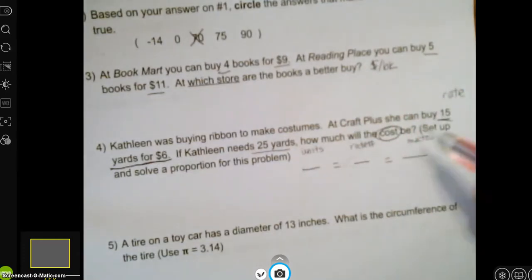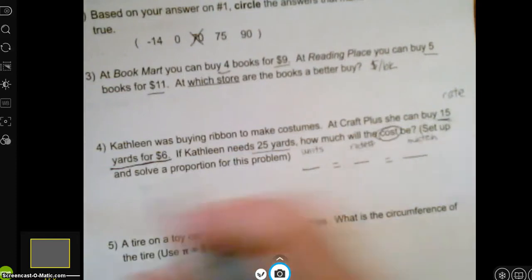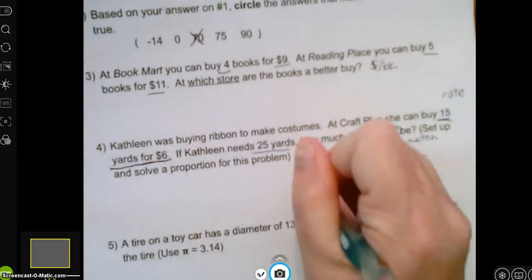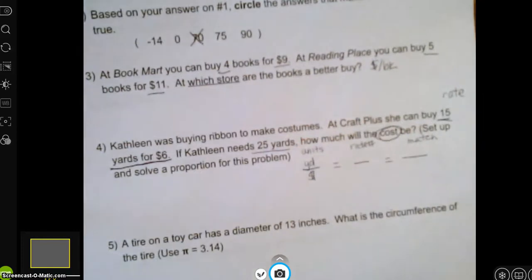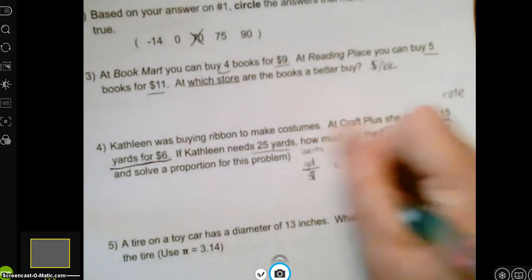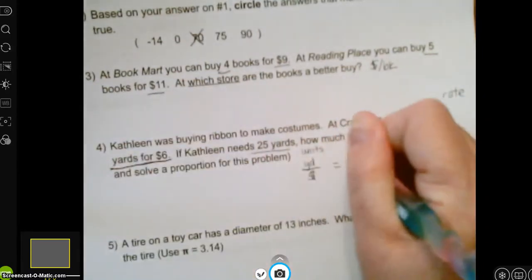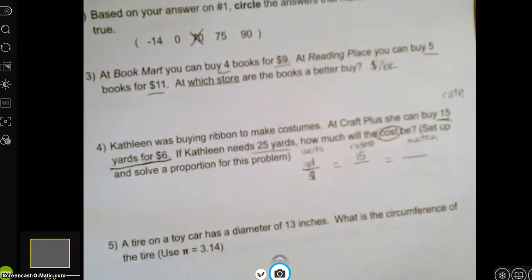So let's look at our rate. It says 15 yards. So there's my units for $6. And my numbers that I'm going to match here, my rate numbers, because it says yards, guys, 15 yards for $6.